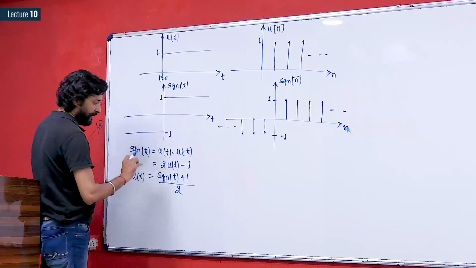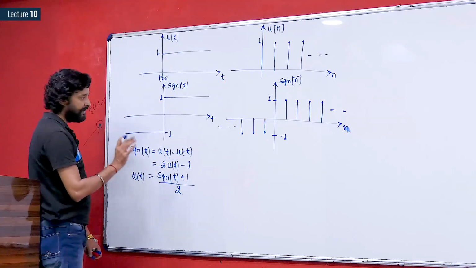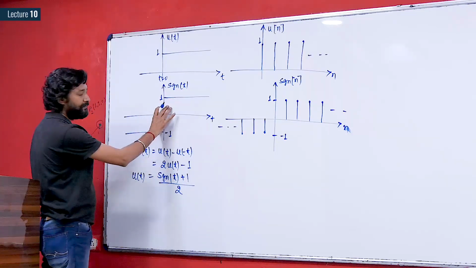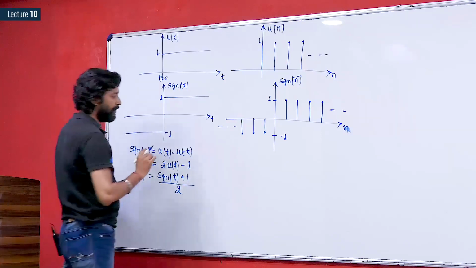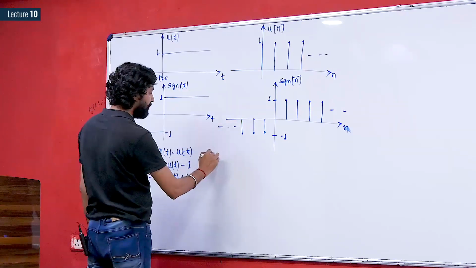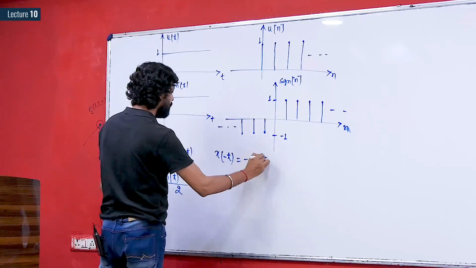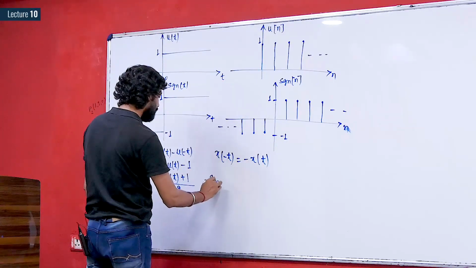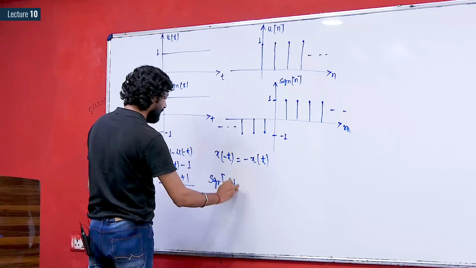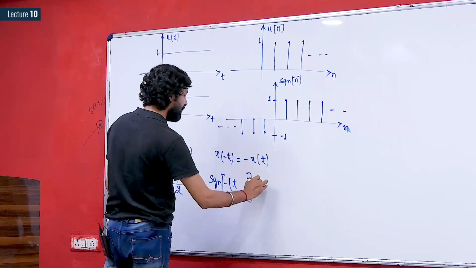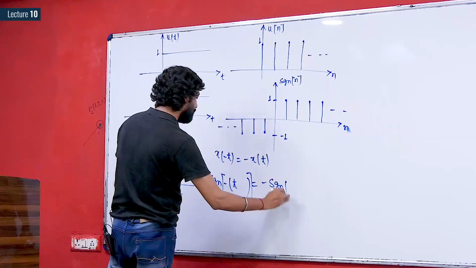So what we have seen now is that if we have to check the property, the first property of the signum function is that it is an odd function, and due to the property of an odd function, you know that for any odd function, x of minus t is going to be minus of x of t. So you can write signum of minus t equals minus of signum of t.